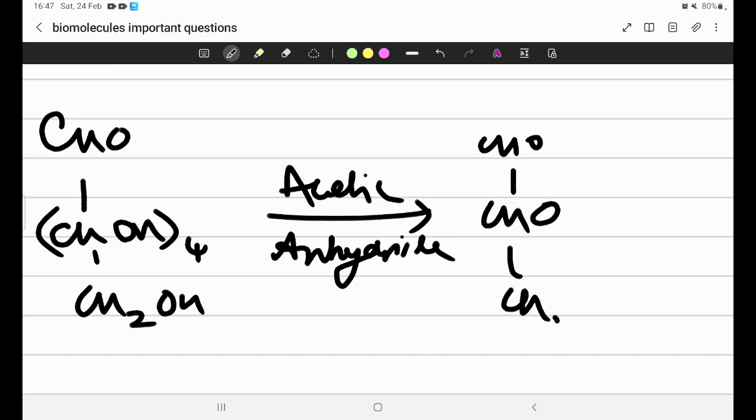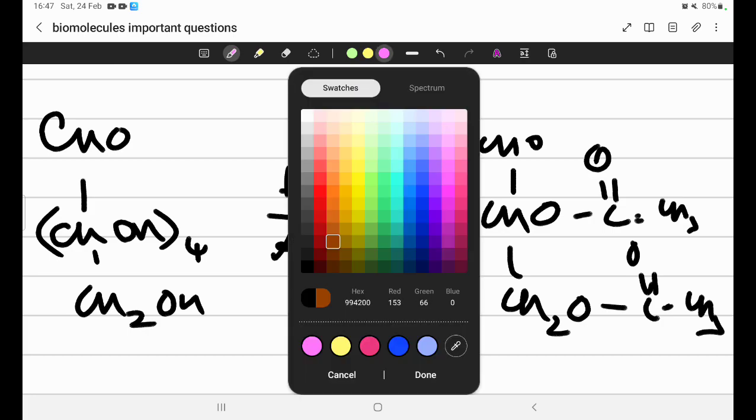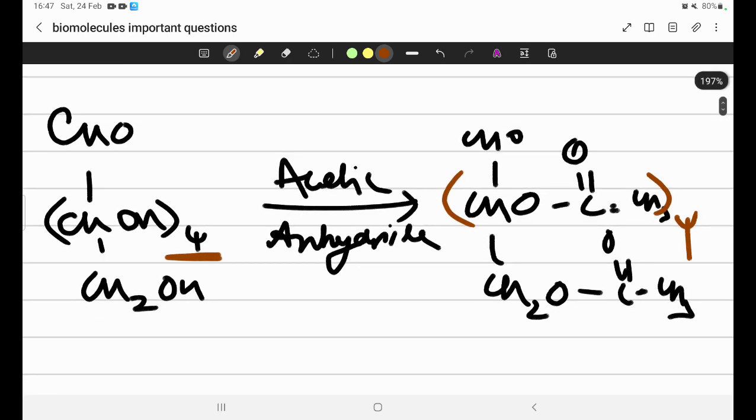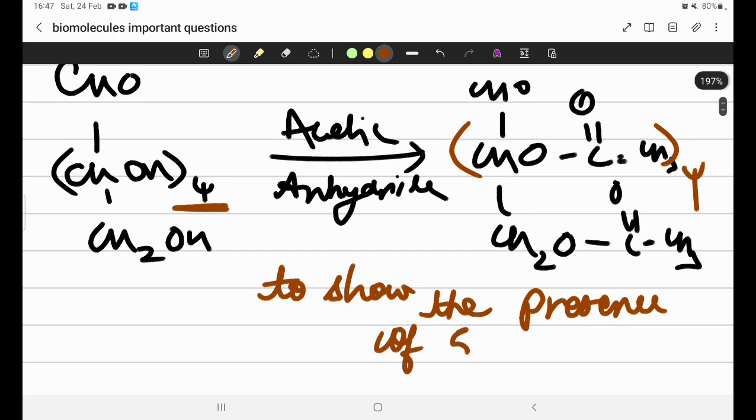Again CH2O. Then you write O, C double bond O, CH3, C double bond O, CH3. And there are still 4 there, so you just write 4. Why do we use this? To show the presence of 5-OH group.